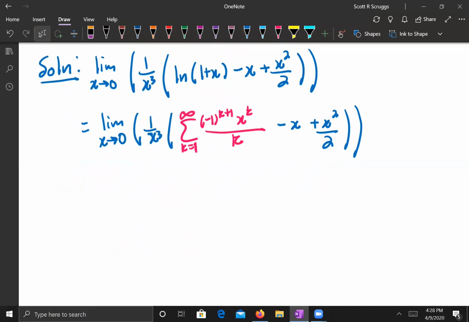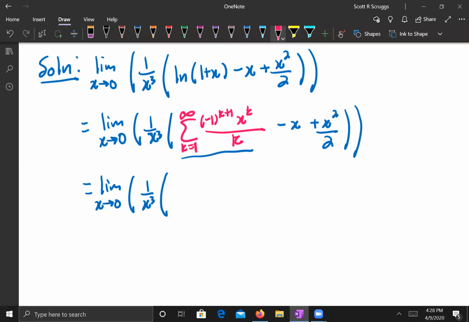All right, so let's now expand our Maclaurin series to see which terms get to cancel out. The limit as x goes to 0 of 1 over x cubed. When I start at k equals 1, I'll have 1 plus 1, 2, so that means I'll have a positive 1.